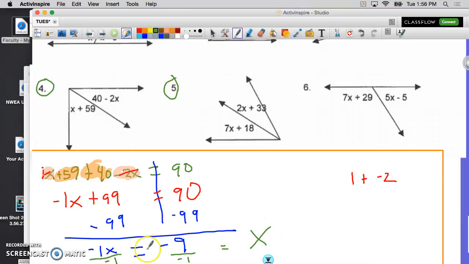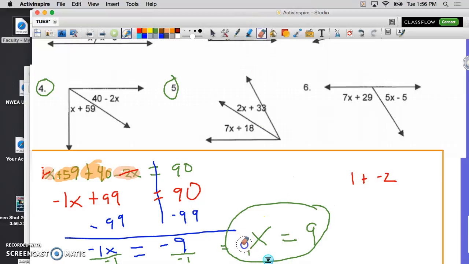So that 1 is still there, except now it's positive, and I don't really have to keep it. But I'm going to show it anyway. And then negative 9 divided by negative 1 is going to give you a positive 9. So this is my answer, and now that 1 is positive, I can make it disappear. So x equals 9 in this case.